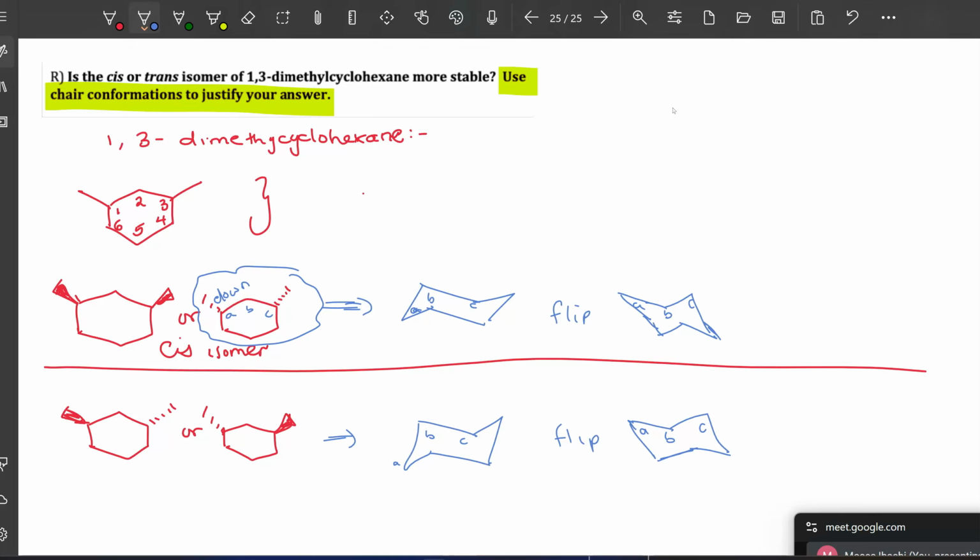It says cis. Cis means same side, right? Yes. Trans is opposite. So in this case, it doesn't matter if it's up or down. You can choose whichever one, up, up or down, down. But see, this guy has a dash. Anytime you have a dash, dash means down. We don't know if it's down, axial, or equatorial. Wedge means up. It could be up, axial, or equatorial.